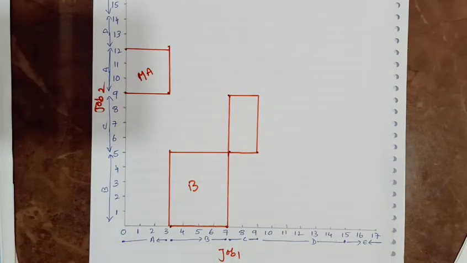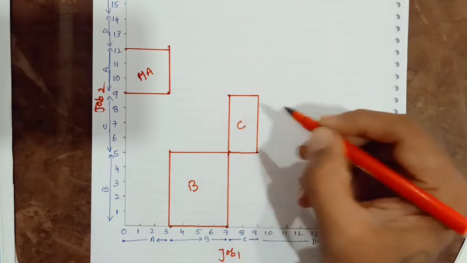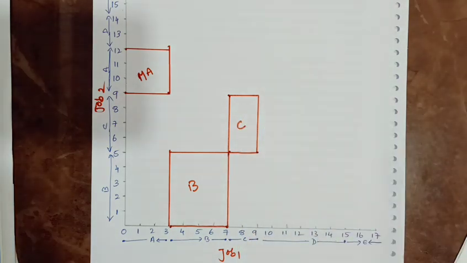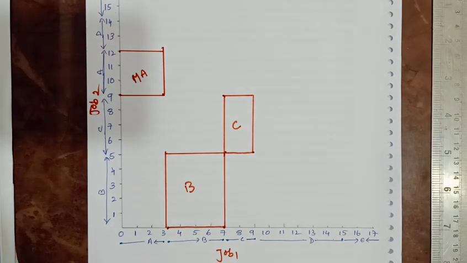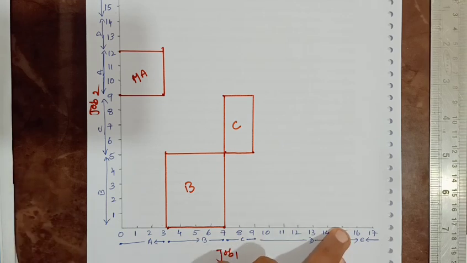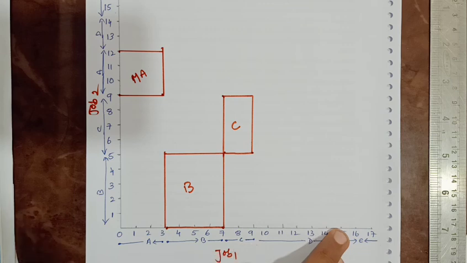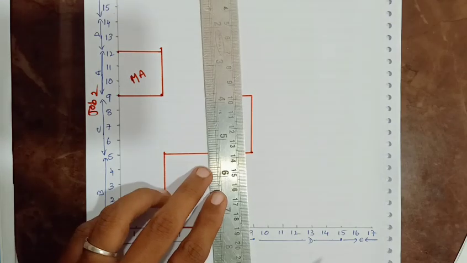So this one we considered as C. Now job 1 D is taking 6 hours. 6 hours from which point? From 9 to 6 hours.